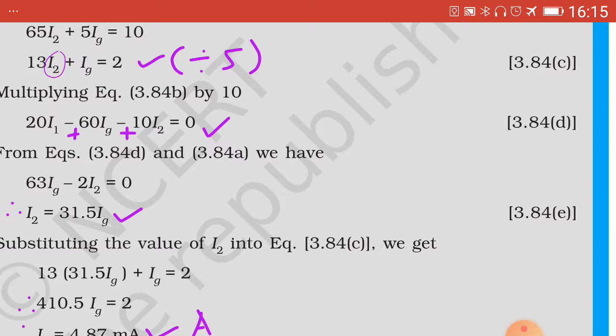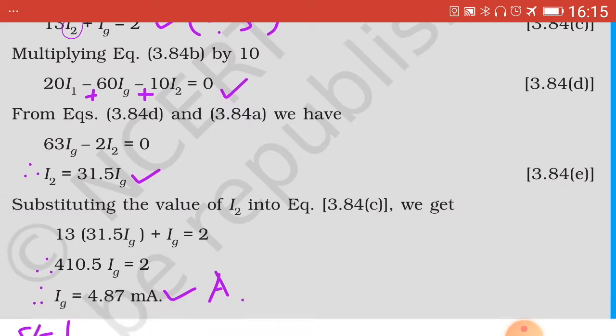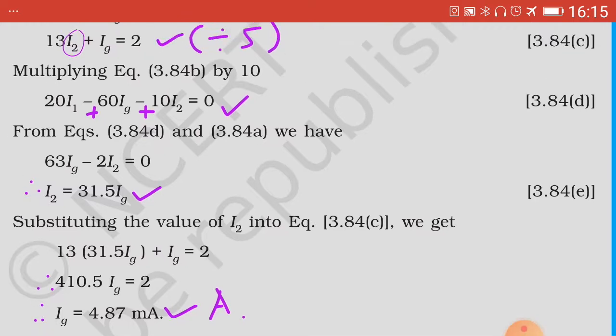Simply multiplying and simplifying, we get 410.5 Ig equal to 2. Therefore, Ig will be equal to 2 divided by 410.5, which is 4.87 into 10 raised to minus 3 ampere. Answer will come in ampere.